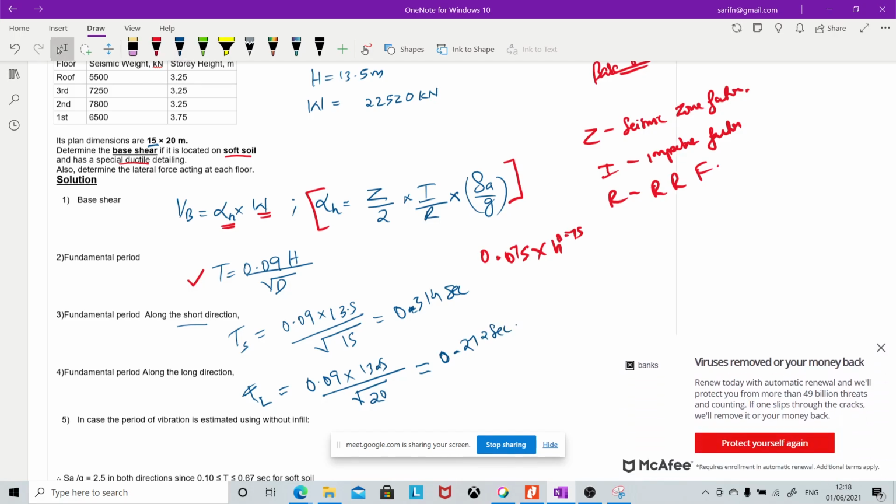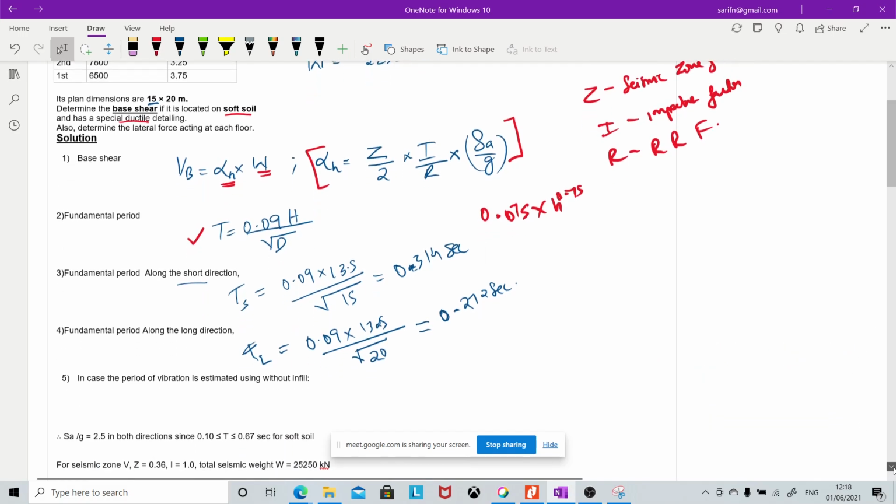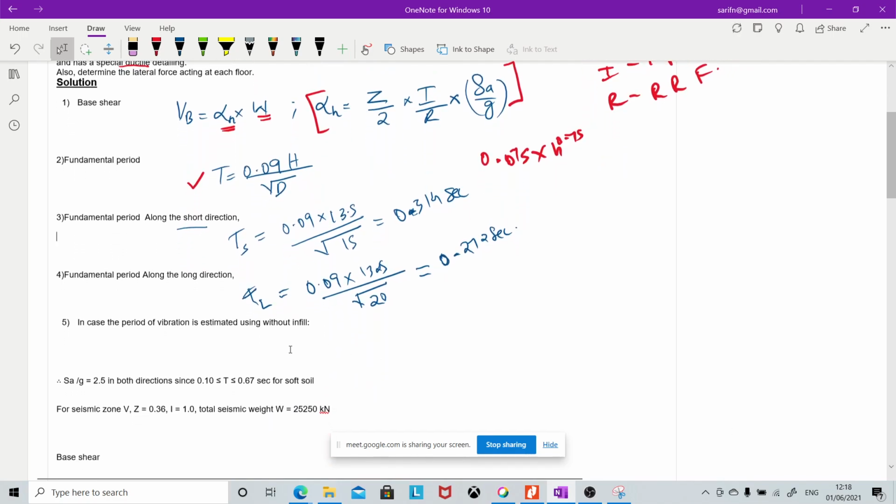Also, if we use the bare frame formula, that is without any infill, there we will use 0.075 into h raised to 0.75.